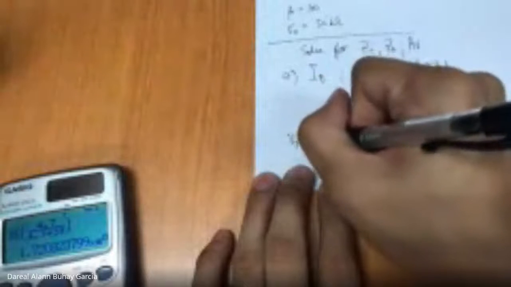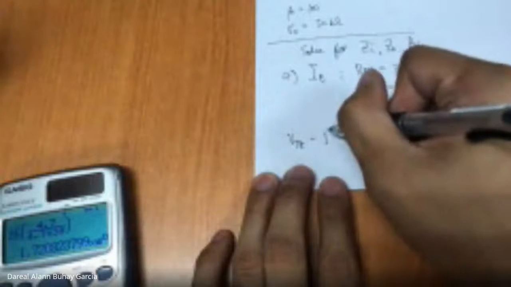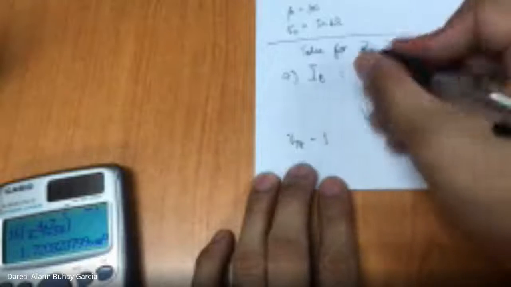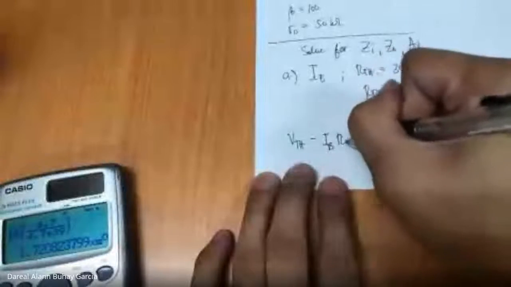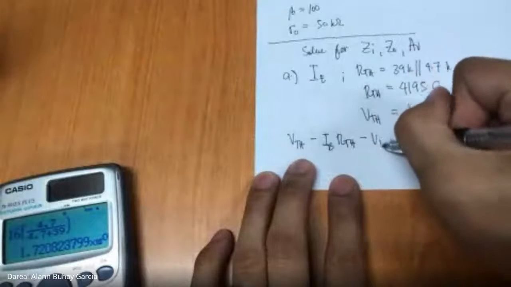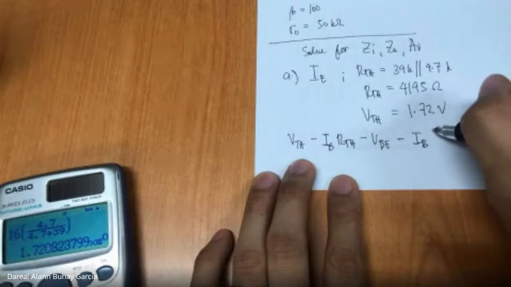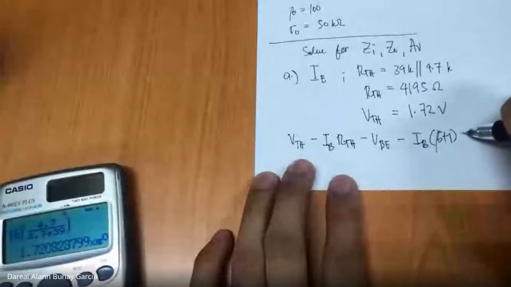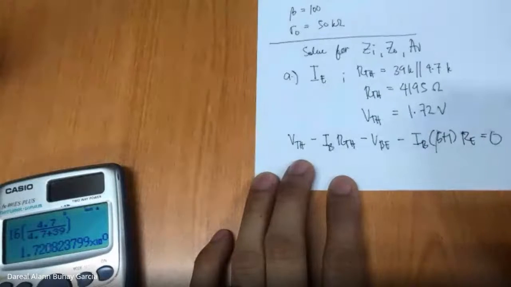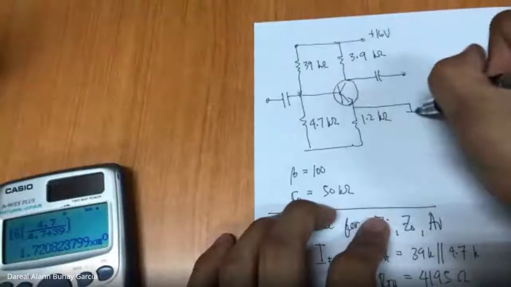Next we get IB. Using KVL, assuming the Thevenin equivalent, our equation is VTH minus IB RTH minus 0.7 VBE minus IE, which is IB times beta plus 1, times RE, equal to 0. The capacitor is open.